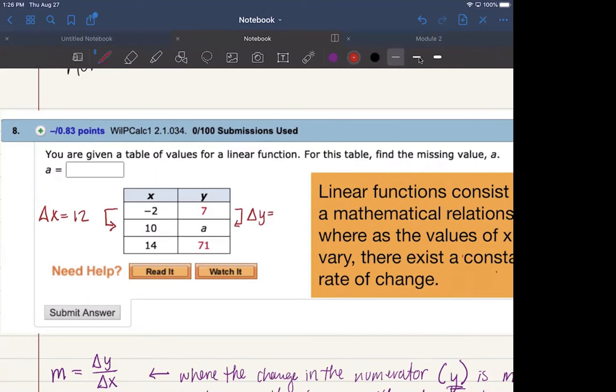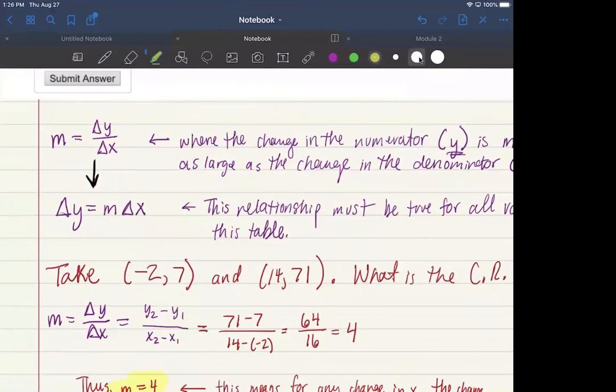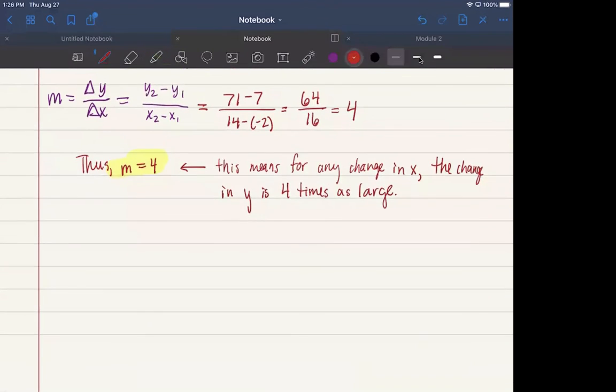Well, I don't know exactly just yet, but what I do know, okay, is that whatever my change in y is, it has to be 4 times as large as the change in x. All right? So these are two of the biggest things that I want you guys to understand.